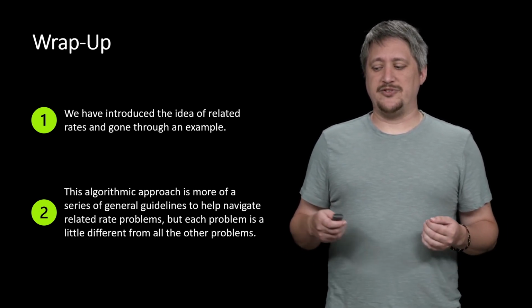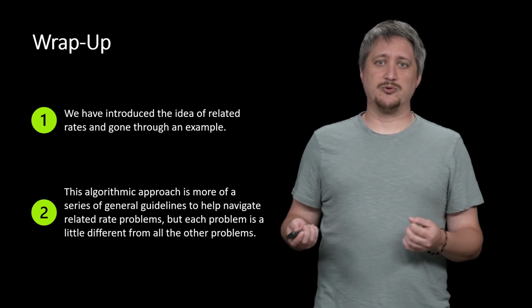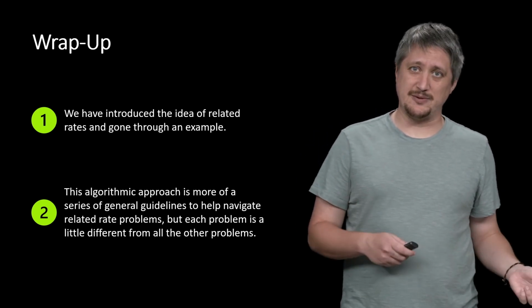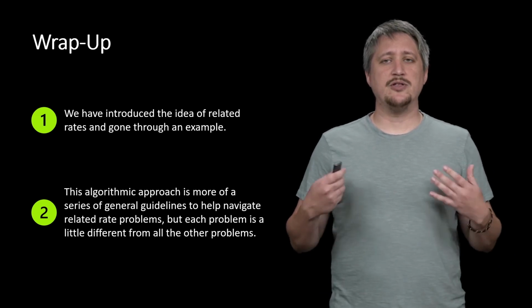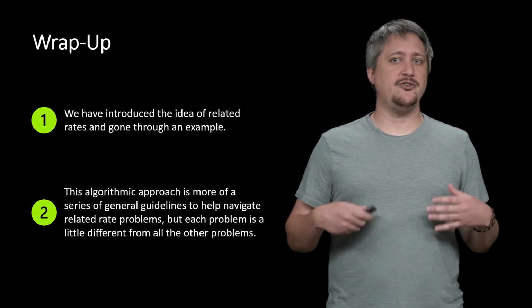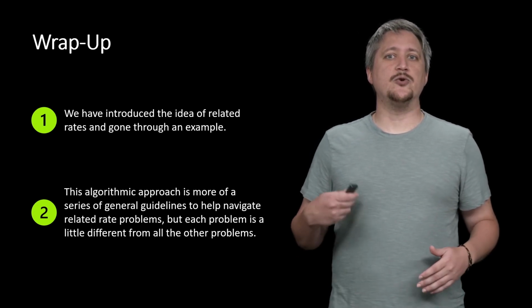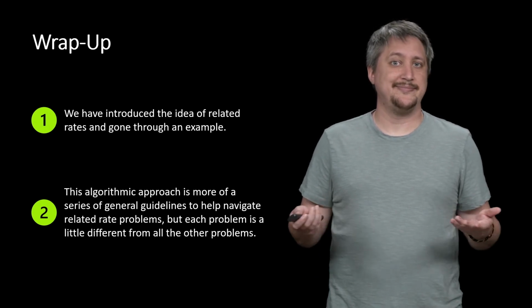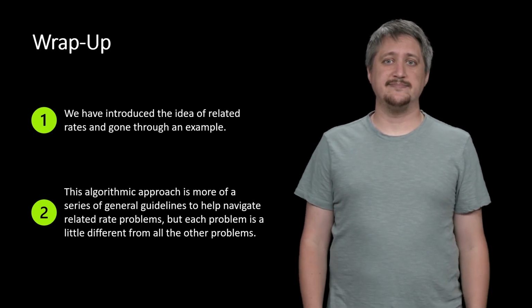So sometimes these steps are more crucial than others. Sometimes there's a little bit extra you need to do, or sometimes certain steps don't really apply. This is definitely one of those things where you want to watch as many of the example videos as you can and do as much practice as you can in order to acclimate and figure out how to approach each problem, because each problem is slightly different.